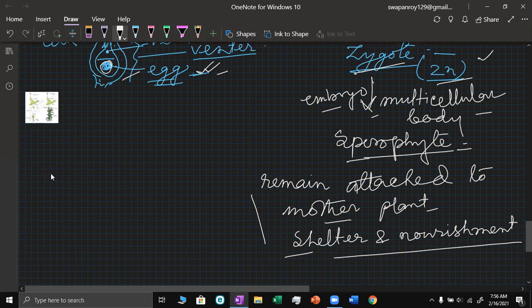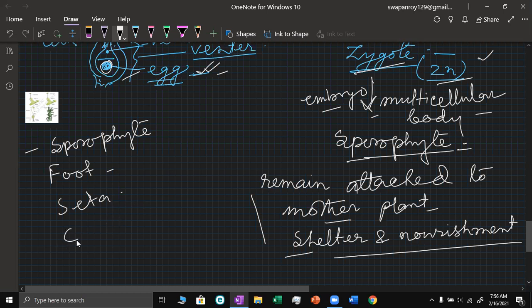One is called the foot, for anchorage, and then the seta. The seta may be short or long, and the main body is known as the capsule. The capsule is the main body where the spores are produced.